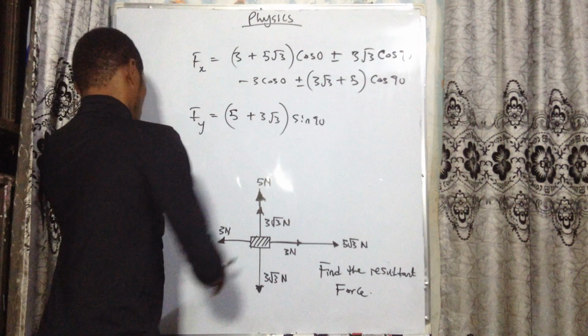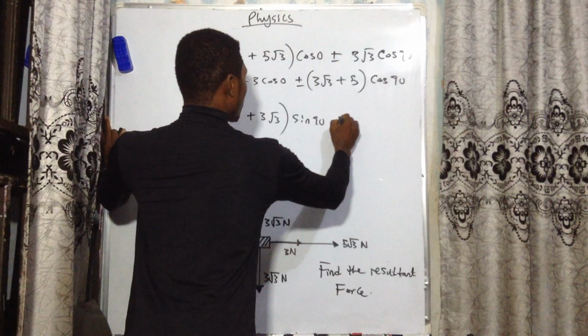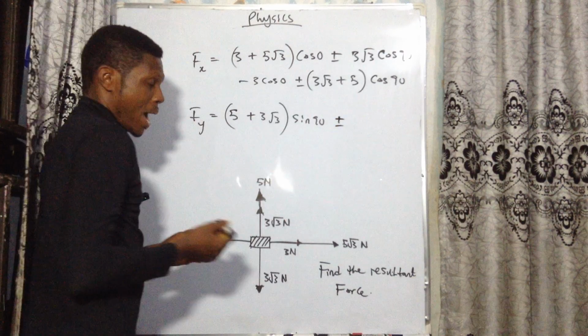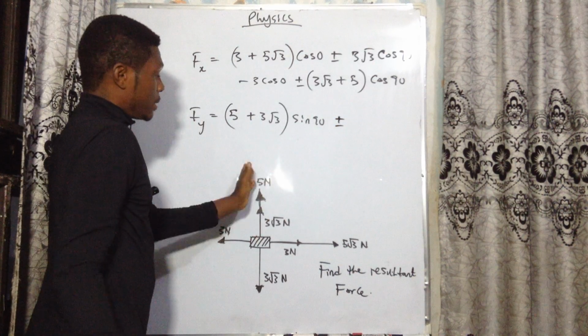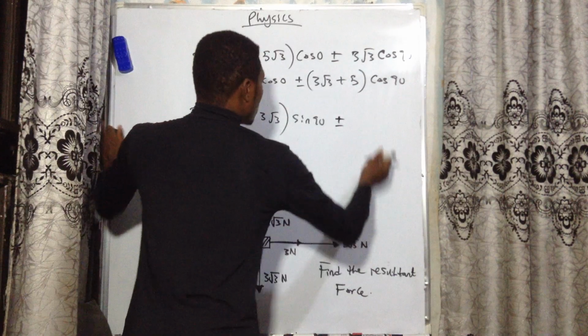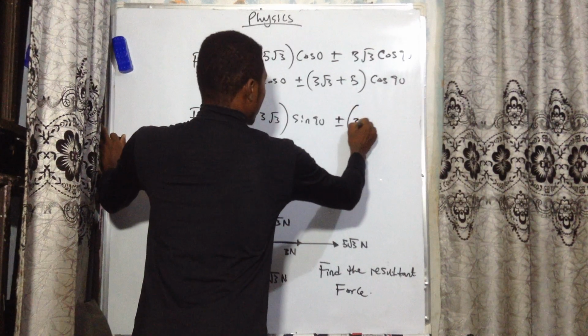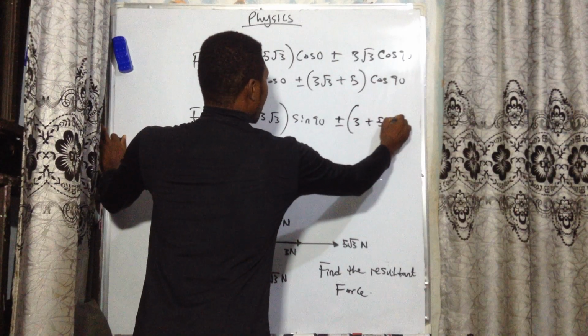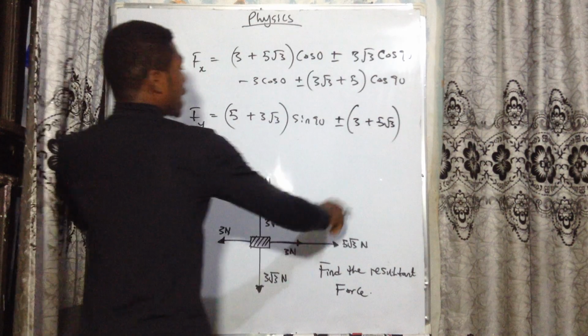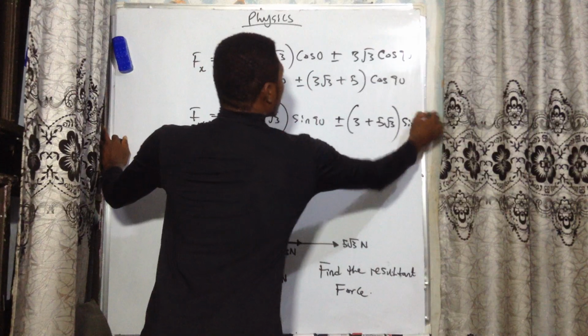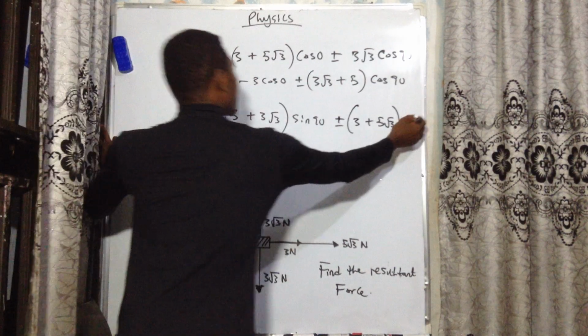So then here, plus or minus. Why? Because they don't have components in the vertical direction. So plus or minus (3 plus 5 root 3) sine 0. Yeah.